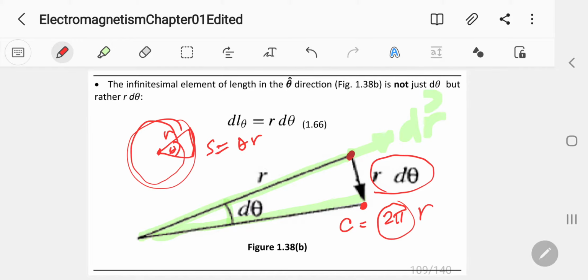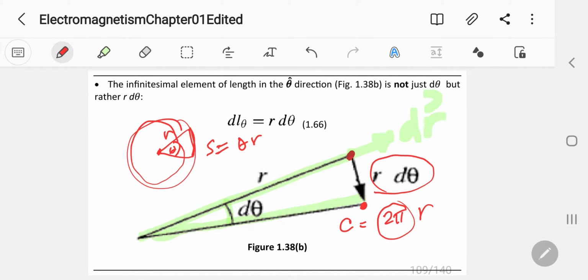Now for the dl phi, or the displacement associated with the azimuthal angle. So this is r sine theta, as we have seen earlier.